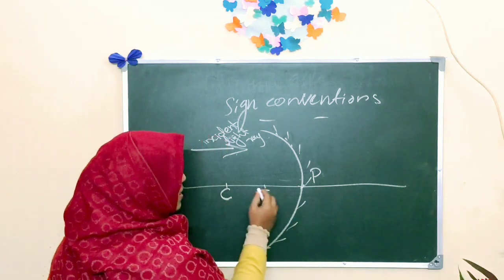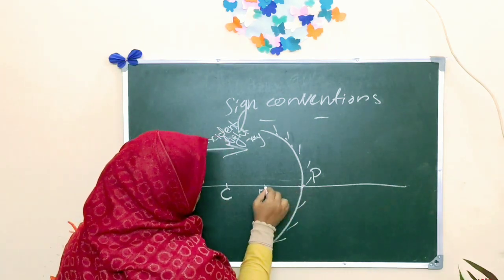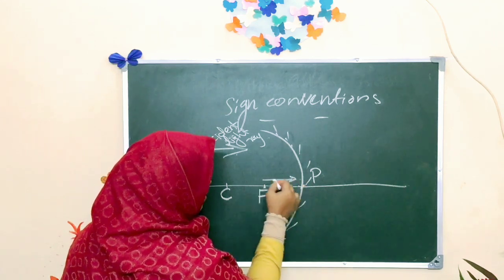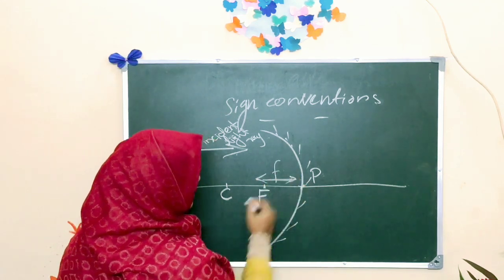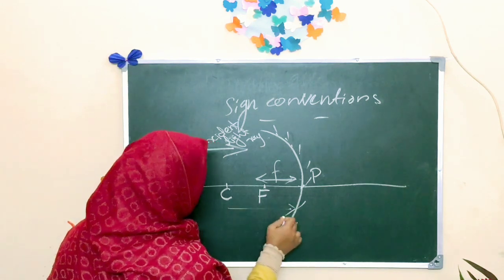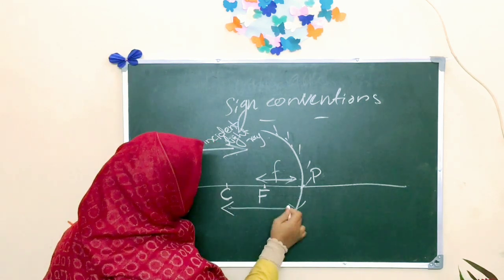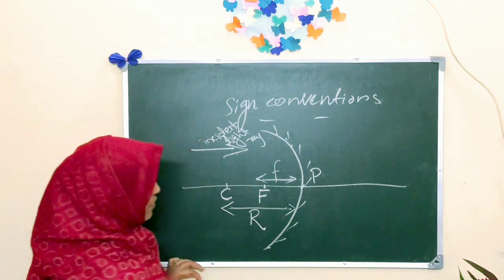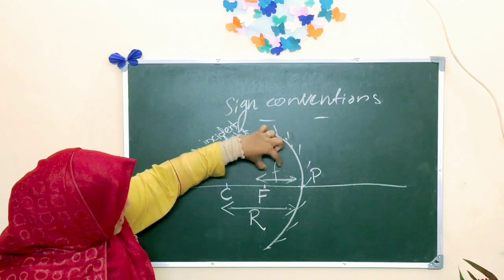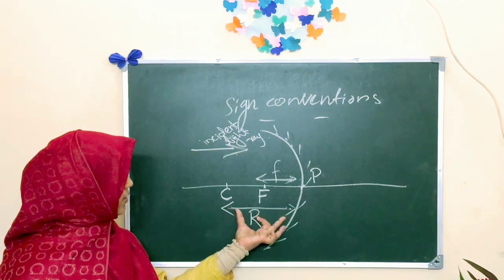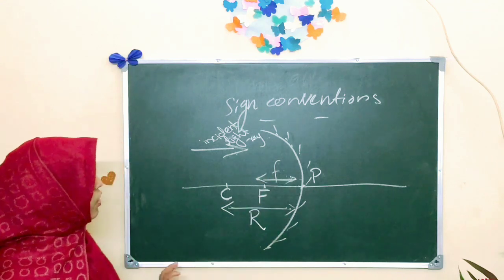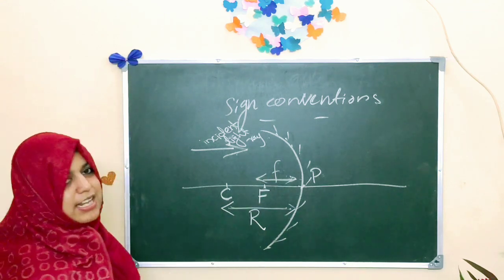The distance between principal focus and pole is known as focal length, and the distance between pole and center of curvature is known as radius of curvature. This length is the focal length, and this much length is the radius of curvature of the spherical mirror.